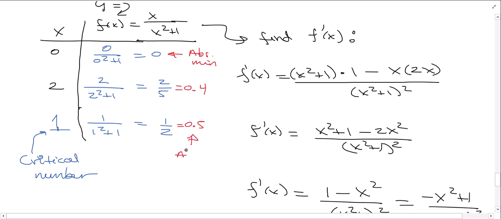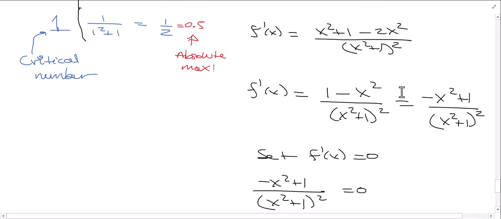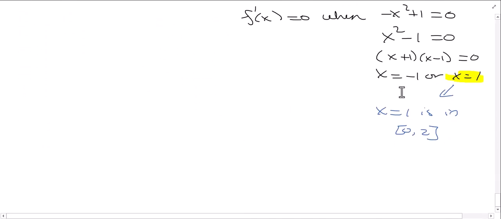So this is the absolute max. And notice that the absolute max occurs at a critical number while the absolute minimum occurs at an endpoint. So that's why it's really important to check both your endpoints and any critical numbers. So let me write out our absolute max and absolute min properly.